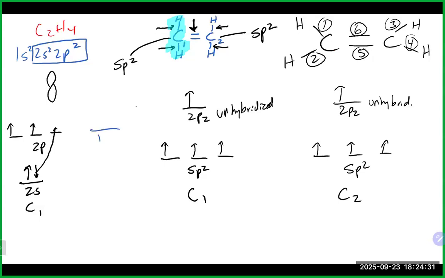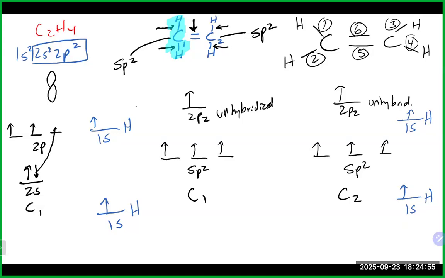So I'll do a 1s hydrogen orbital here. We'll do a 1s hydrogen orbital here that obviously has an electron. And on the other carbon, we got the same deal happening. We got a 1s hydrogen orbital, and we also have another 1s hydrogen orbital. All right, so now we're ready to do all of our bonds, right?